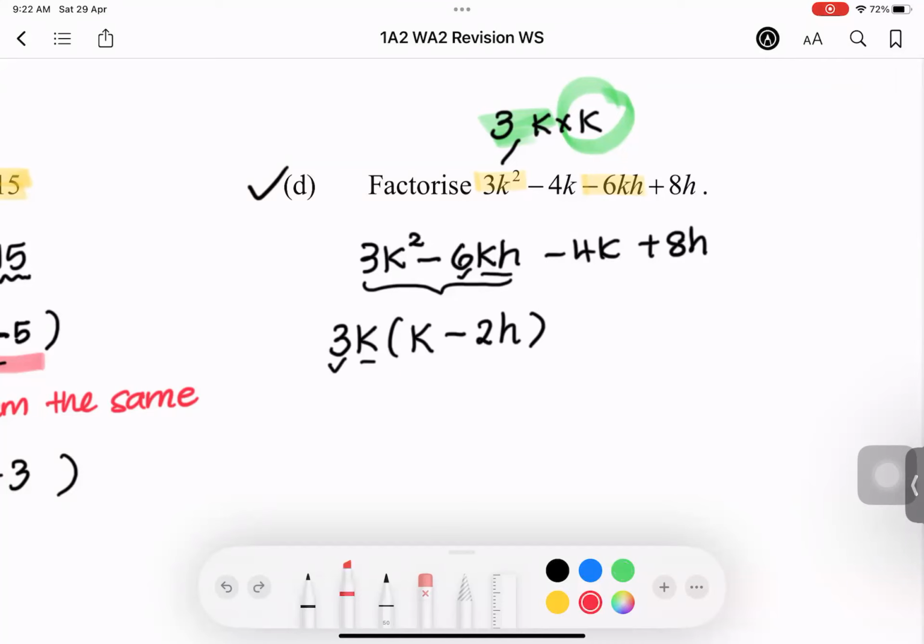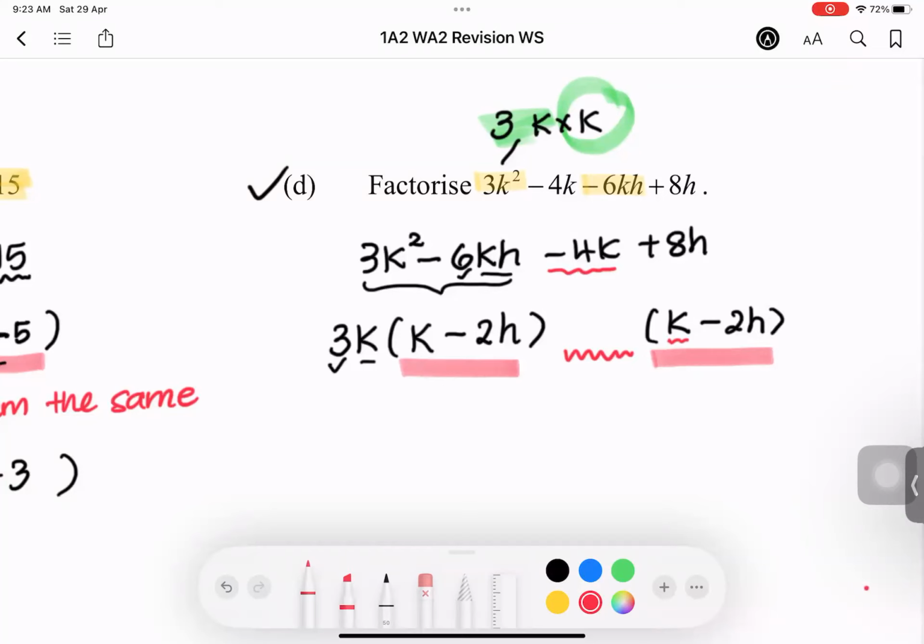So I must try to make sure the one at the back also has the same bracket, K minus 2H. What should I factorize out? Next person. I have negative 4k, but I only want a k inside the bracket.